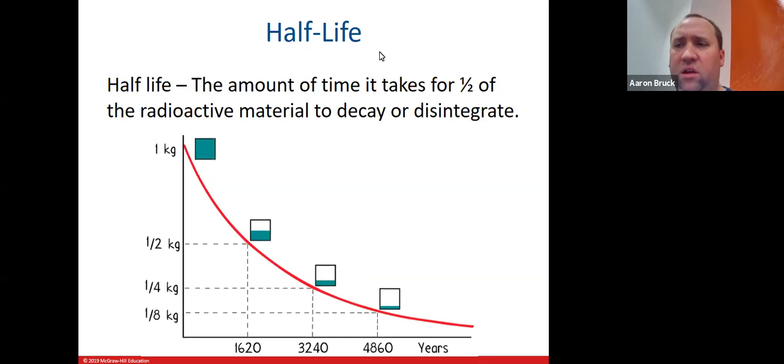So let's take a look. All right, so half-life. Half-life is just the amount of time that it takes for half of our radioactive material to decay or disintegrate away.